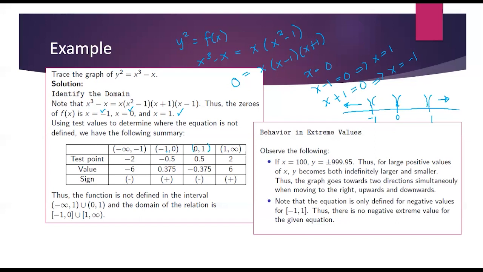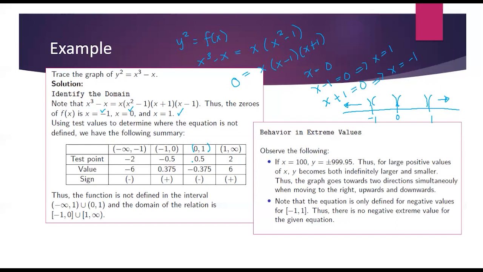And then a number between negative 1 and 0, say for instance we have negative 0.5. And then a number within the interval 0 and 1, we have 0.5. And then a number within this interval 1 to positive infinity, let's say we have positive 2.